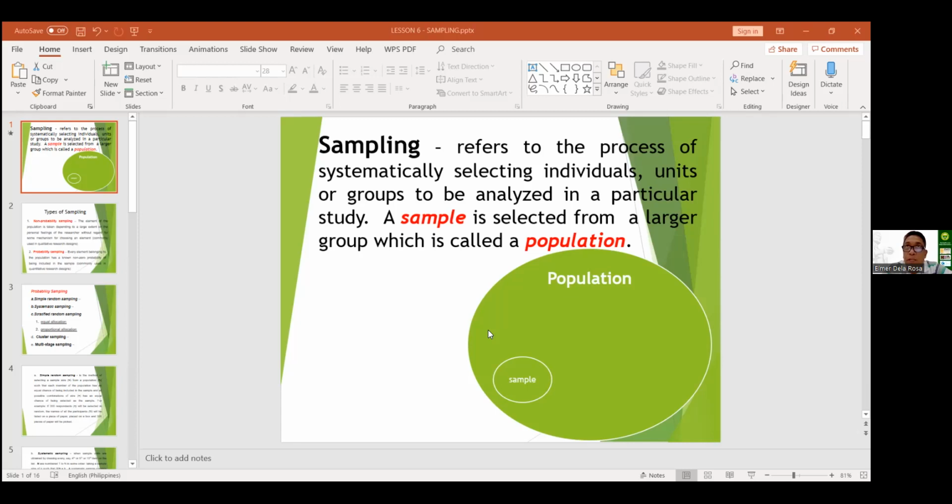We cannot study all of them, but we can generalize the behavior of all students in the region by examining a representative group, and whatever conclusions we can generate out of that small group can be generalized to the larger group at certain degrees of confidence. Of course, there is some amount of error for that.